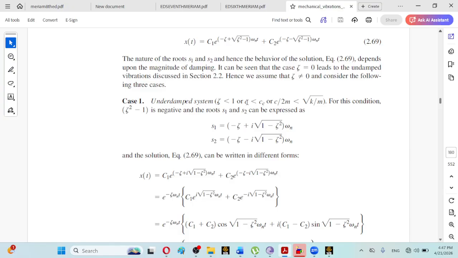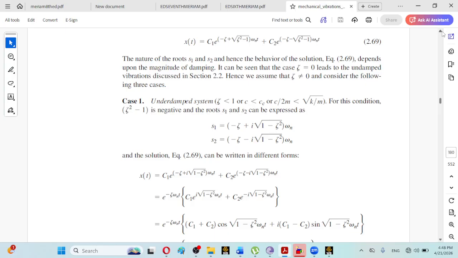C means the given or real damping constant for the fluid used will be less than the critical damping constant, or C by 2m will be less than the square root of K by m. These can alternatively be written, so we can state them differently. For this condition, damping factor square is negative and the roots s1, s2 can be expressed.